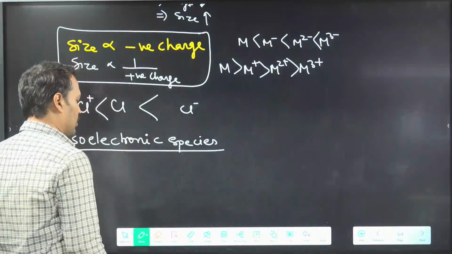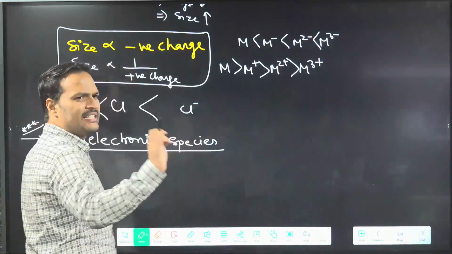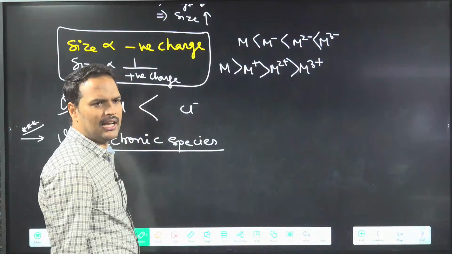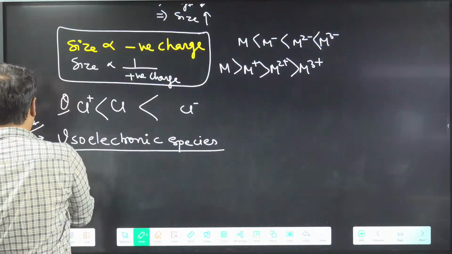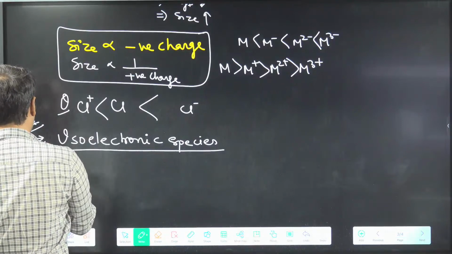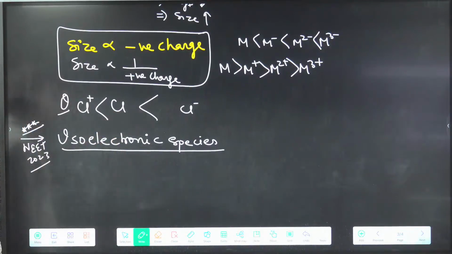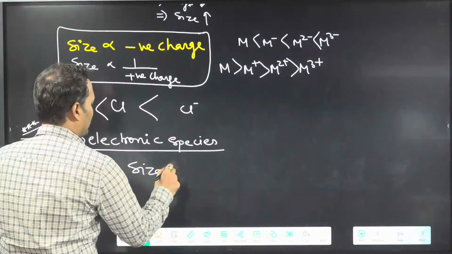Same number of electrons. Very good. So here there is a single point. Many questions are asked from this. This year also, NEET 2023, a question was asked on this. Do you remember the question?